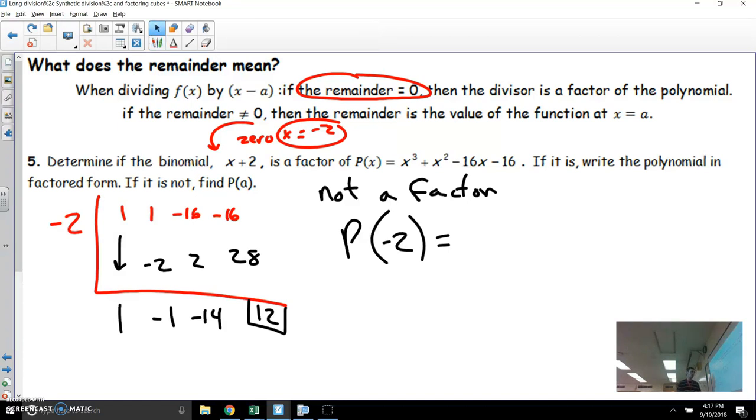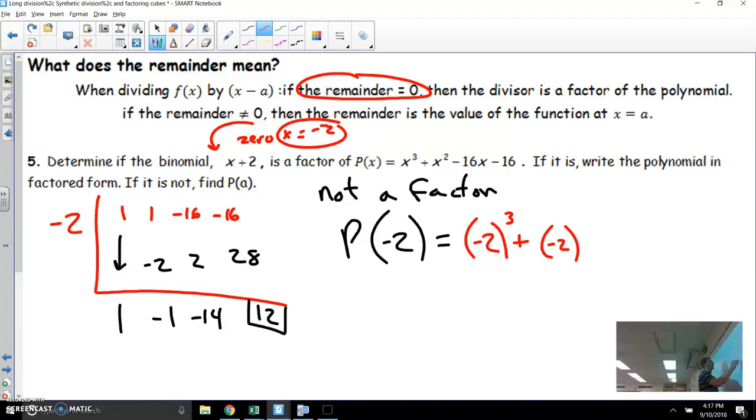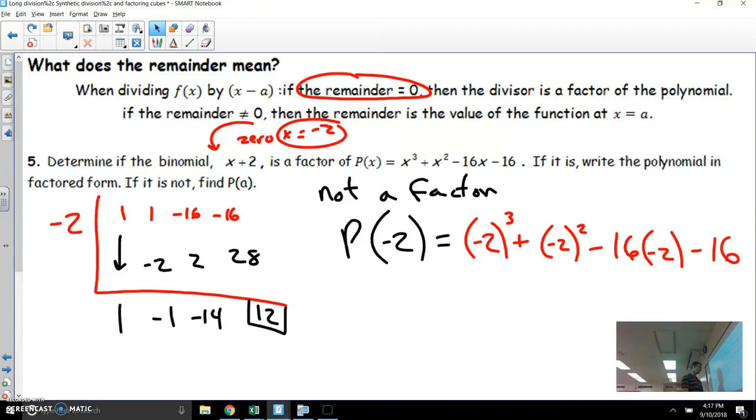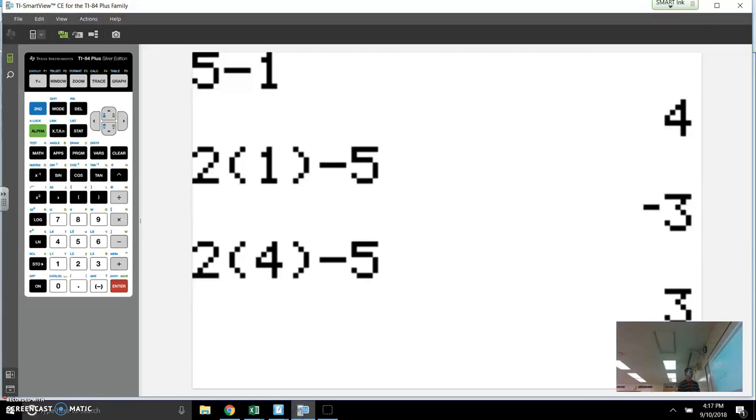So I want to plug in negative 2 for x. I've got x to the third, really negative 2 to the third, plus x squared, really negative 2 squared, minus 16x, that's really negative 2, and then a minus 16. Let's take a minute and put that in the calculator.